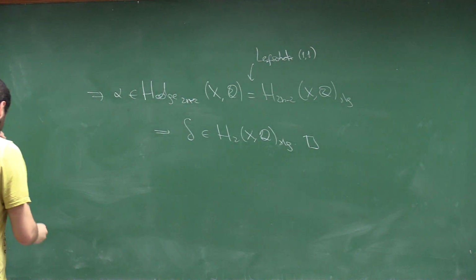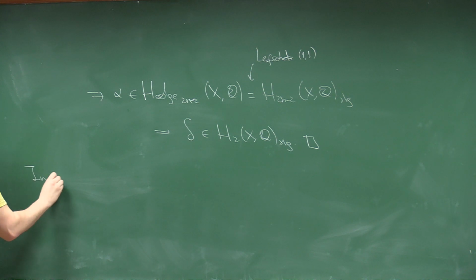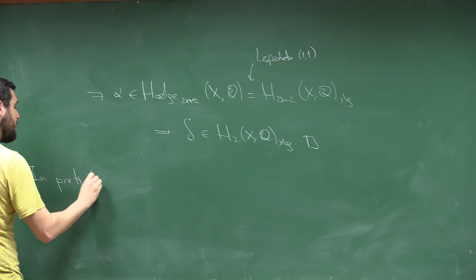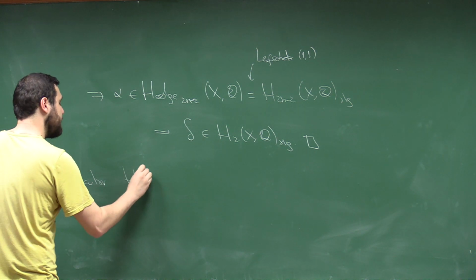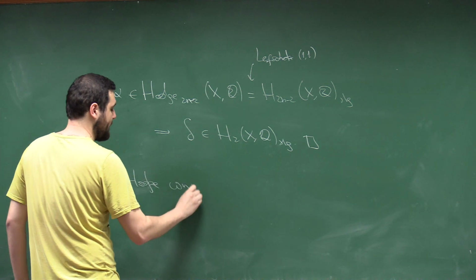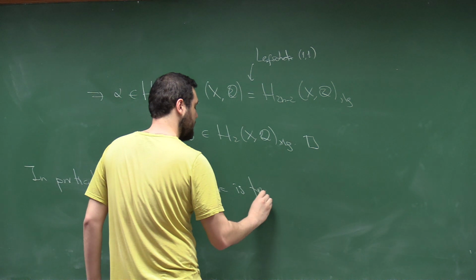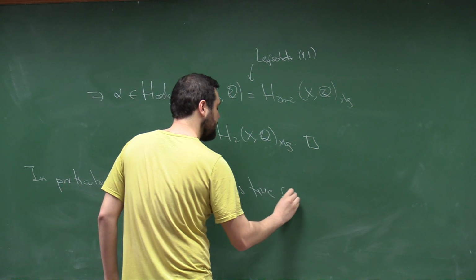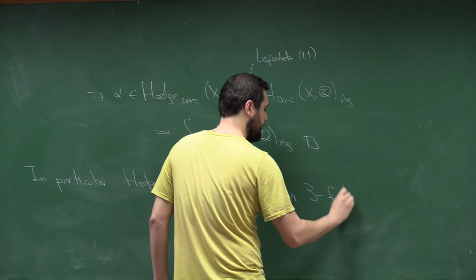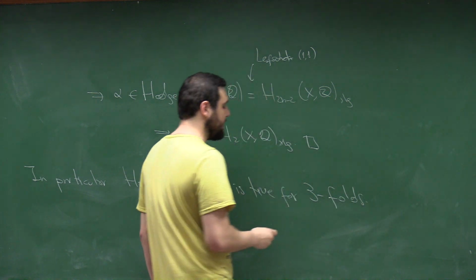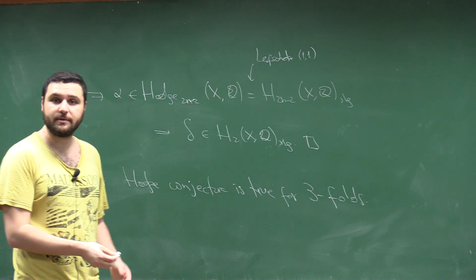Right, so in particular, the Hodge conjecture is true. It's true for threefolds, for projective varieties of dimension 3. It's also true.